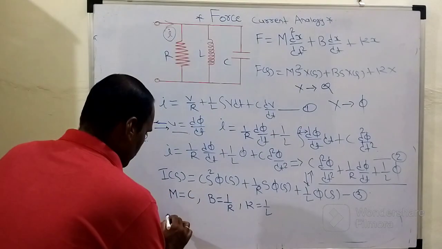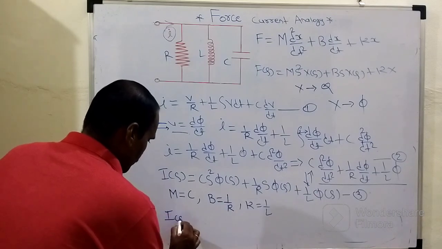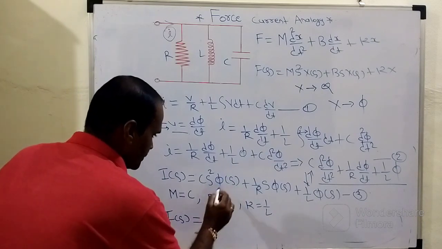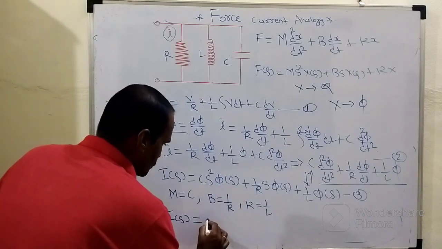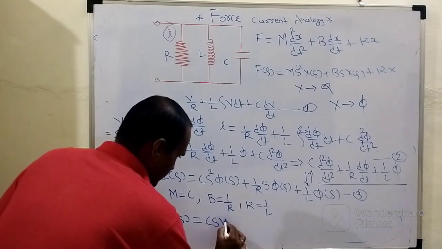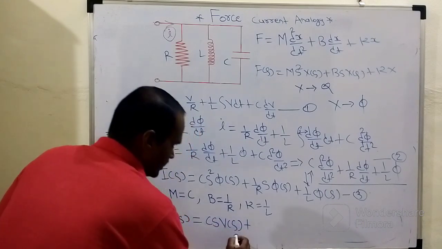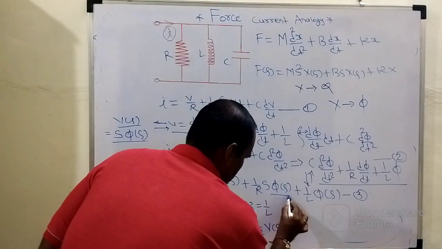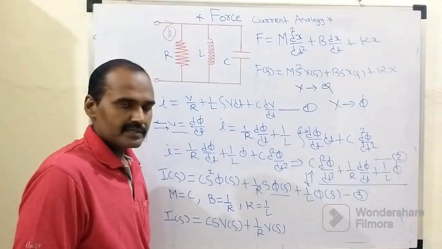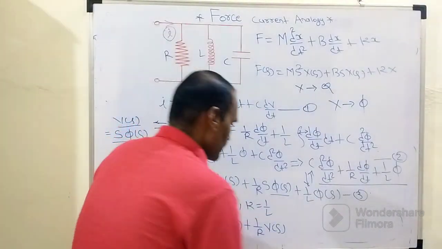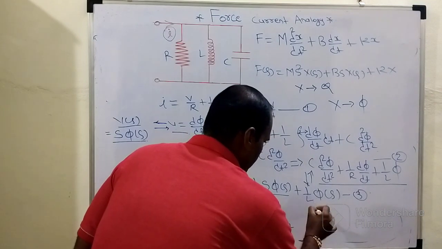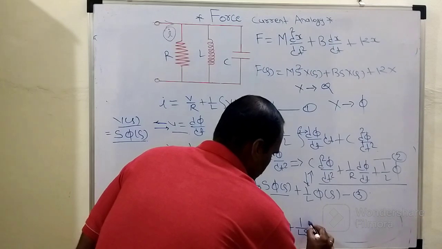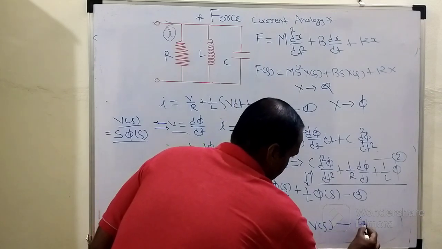By taking this fact into account, this equation will become I(s) equals Cs² Φ(s). Since s Φ(s) is V(s), it becomes Cs V(s) plus 1/R V(s), because this whole quantity s Φ(s) is replaced with V(s). As for the third term, we have 1/L Φ(s), so it will become 1/(Ls) V(s).